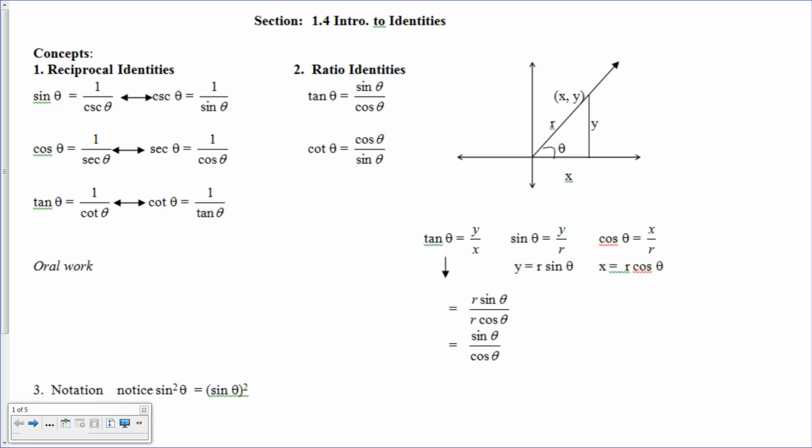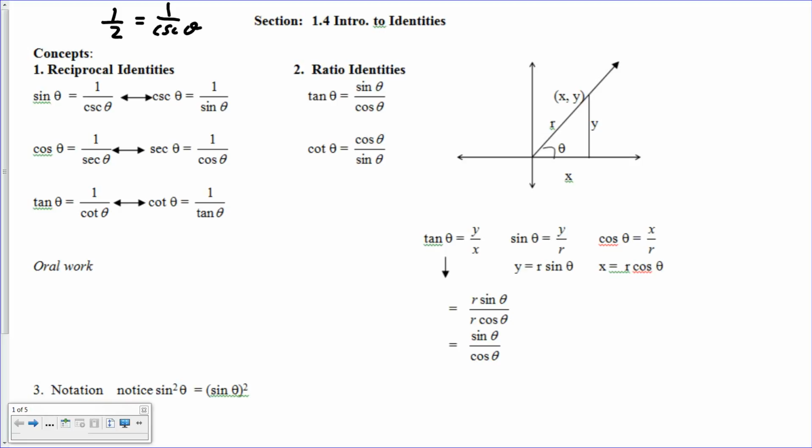Let's go forward to 1.4, reciprocal identities and ratio identities. Reciprocal identities, we've had this before, but what we're going to see is if we put it in equal form. Now, let's say that we have sine theta is equal to 1/2, and it's equal to 1 over the cosecant of theta.